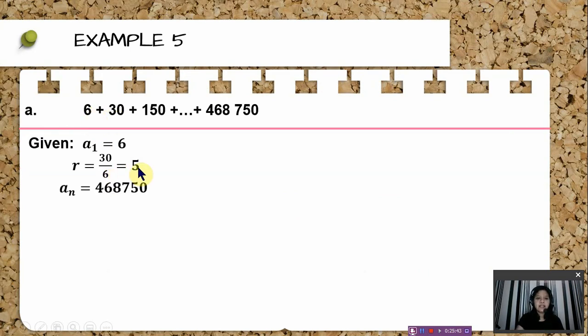And our a sub n, or the last term, is 468,750. Now, which formula should we use in finding the n? The formula for geometric sequence. So, ang una natin gagawin, aalamin muna natin kung ano ang value ng n gamit ang formula ng geometric sequence.